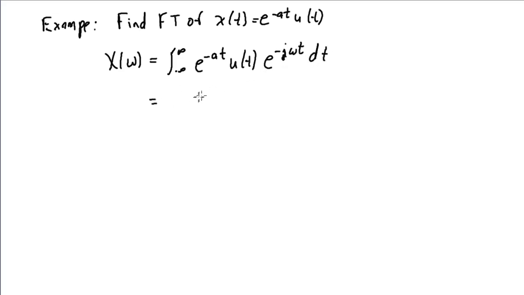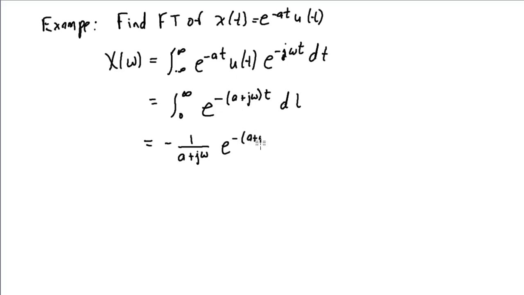Because of the unit step function, our lower limit reduces to 0, and then we can combine the two exponents, giving minus (a plus j omega) t dt. Carrying out that integration, I get minus 1 over a plus j omega times e to the minus (a plus j omega) t, evaluated at my integration limits.